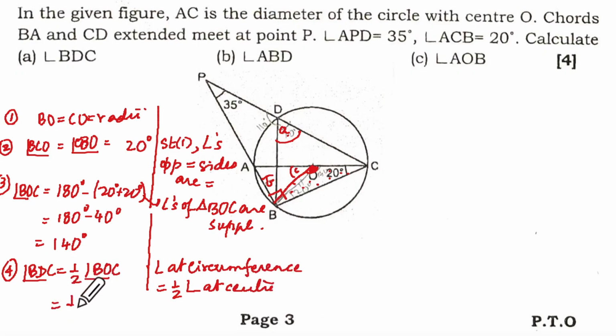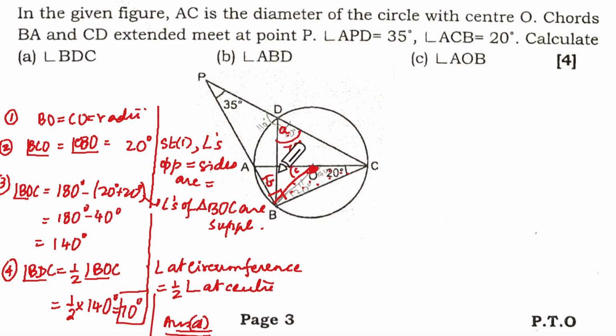So that will give us half into 140 degrees, which is 70 degrees, and that becomes our answer A. Okay, so this is your 70 degrees.